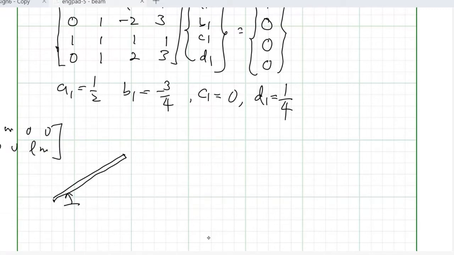For the frame element, we also have our transformation matrix, which, if I'm not mistaken, for our frame element, it's a 6 by 6 matrix. I cannot recall.